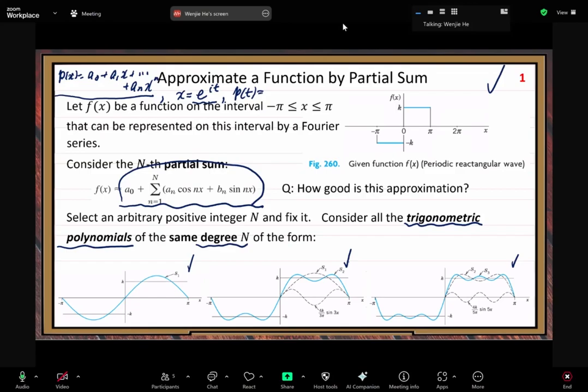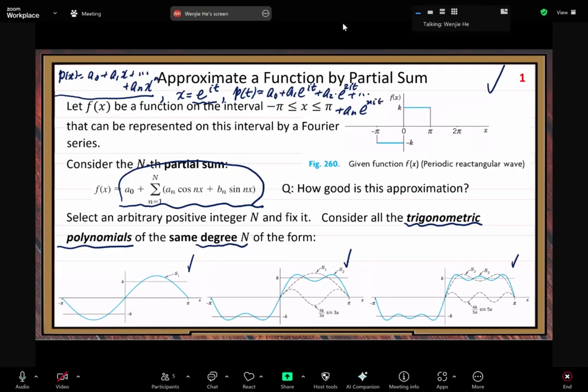This time it's a t variable: a0 plus a1 e to the it, plus a2 times e to the 2it, and so on, and the last term, an e to the nit.